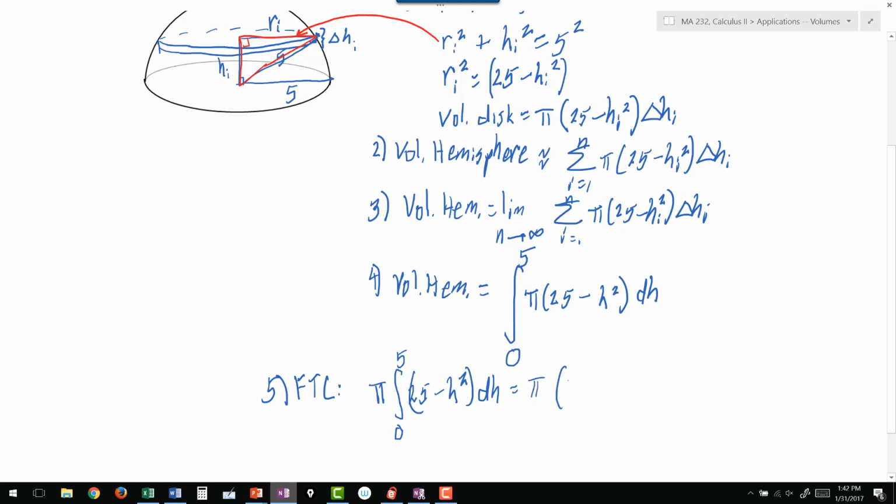And that allows me to see the antiderivative for 25 minus h squared as 25h minus h cubed over 3, all evaluated between 0 and 5. If I plug 5 in for h, I get 125 minus 125 over 3, all times pi, and then if I plugged in h equals 0, I would subtract 0.